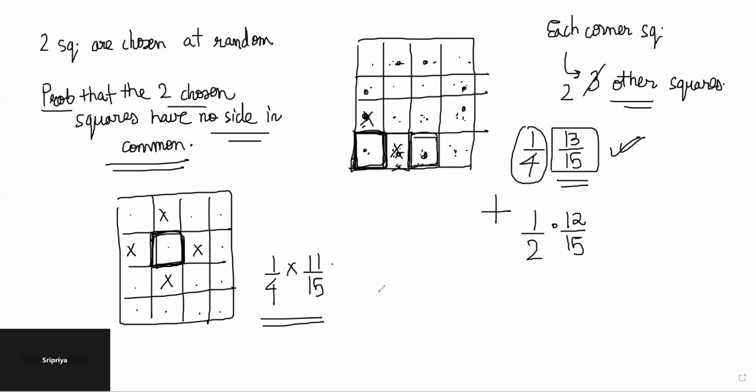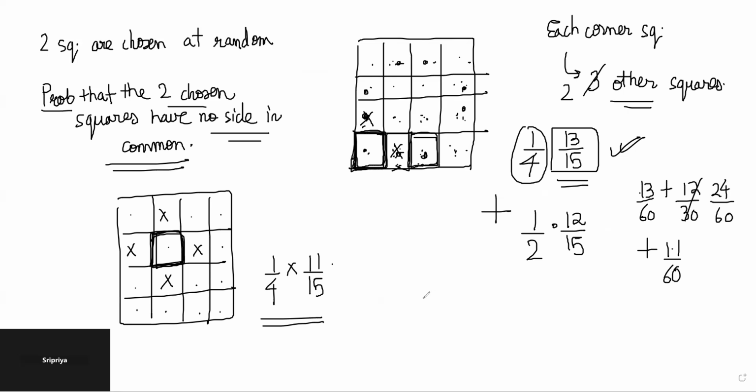Yeah, that's right. So we are getting 13 by 60 plus 12 by 30, so that is 24 by 60, plus 11 by 60. So we are getting 13 plus 11, 34, 58 by 60.